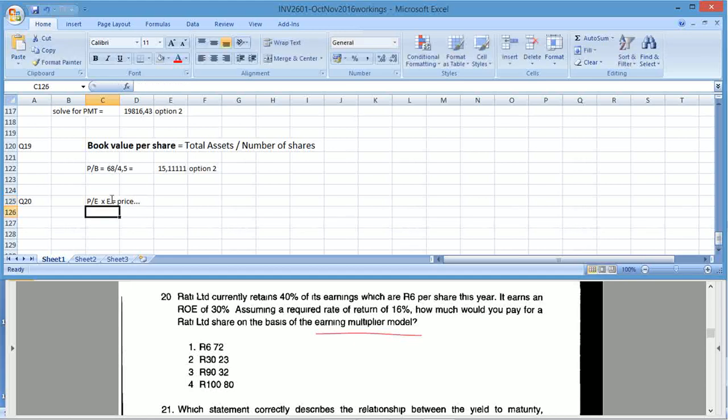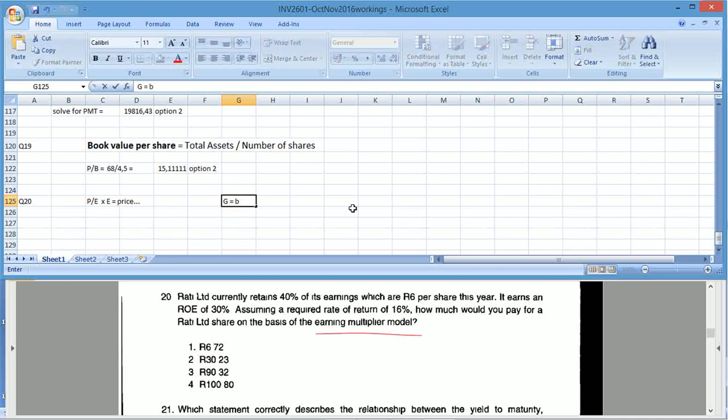So that's basically what you're using as the premise for your calculation. Obviously you need to work out what the price is. So I first need to work out, well, let's see, what do I have here? I've got it earns an ROE of that, assuming a required return of that. So I've got the required return, I've got ROE, I can work out the growth rate.